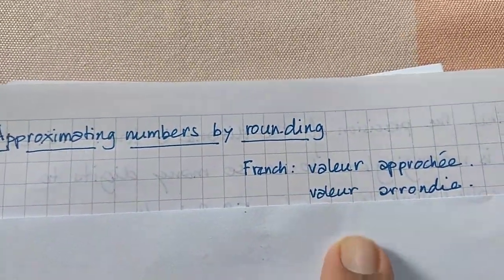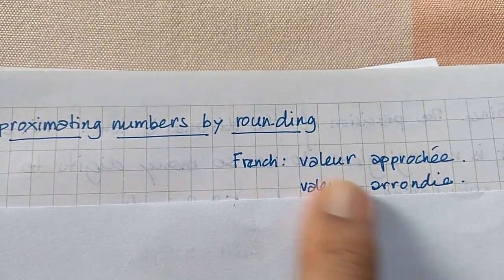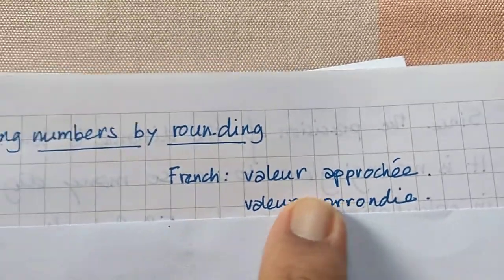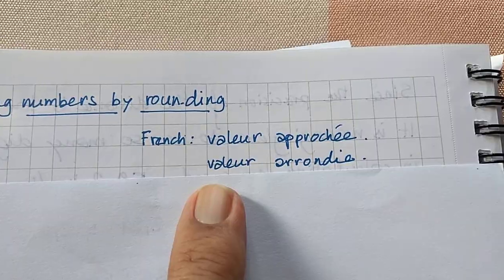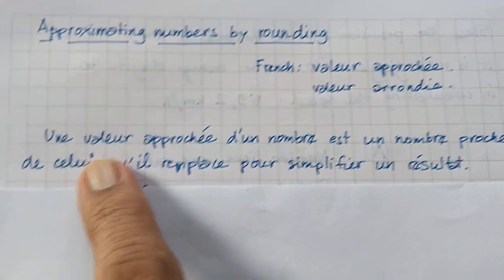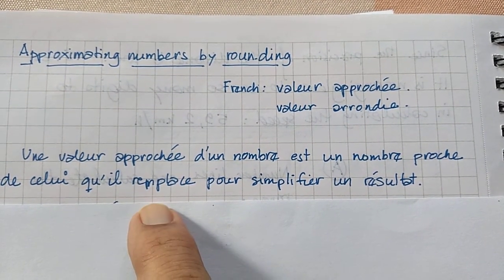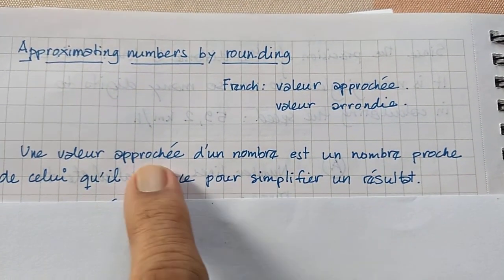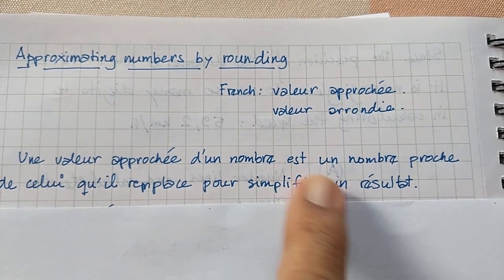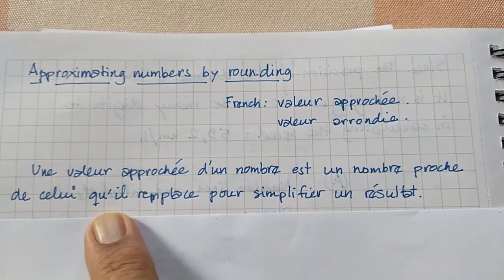In French, you say valeur approchée or valeur arrondie, rounded values, which means the same thing, a number that is close to the original number but slightly simpler.